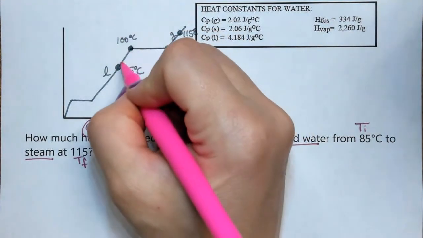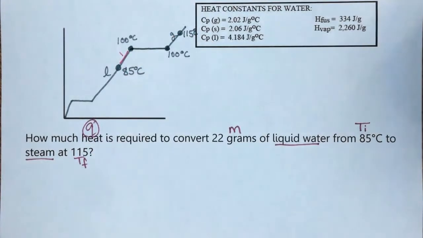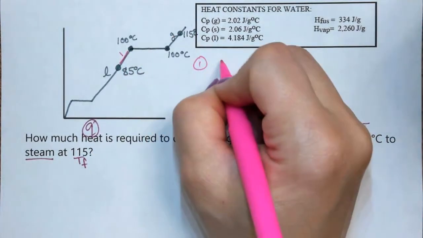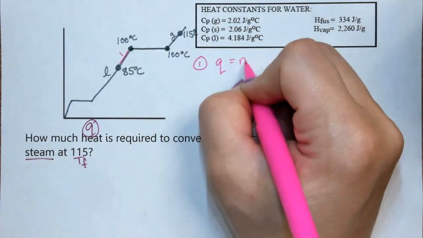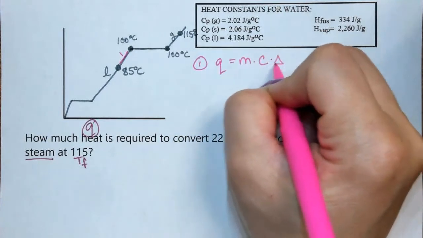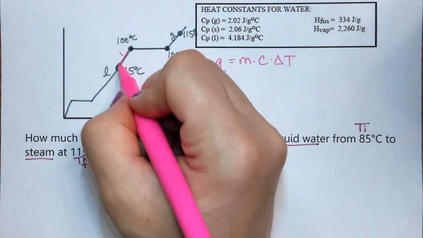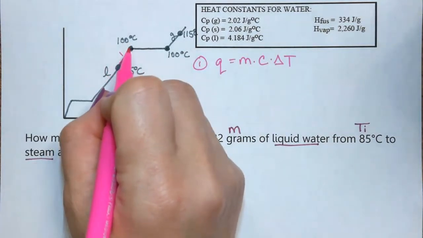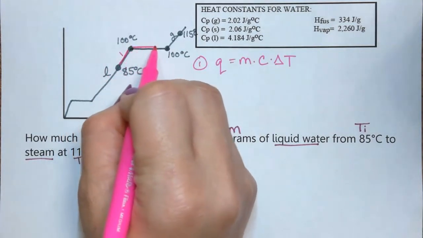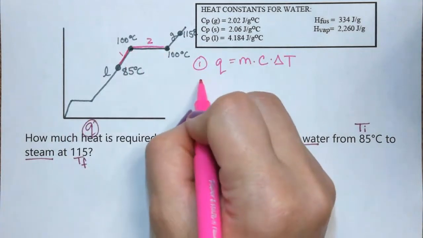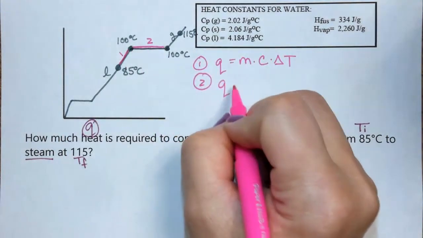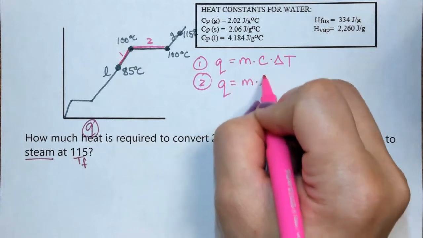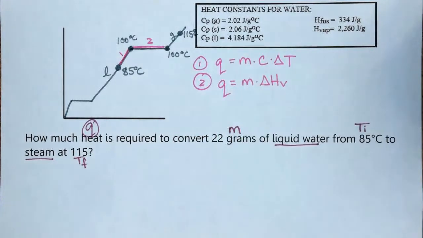Number one is happening right there, and number one is going to require us to use Q equals M times C times delta T to calculate the change in heat, or the amount of heat it takes to take the liquid to the boiling point. Then we have point number 2 right here where it actually boils, and that requires Q equals M times delta H of vaporization.